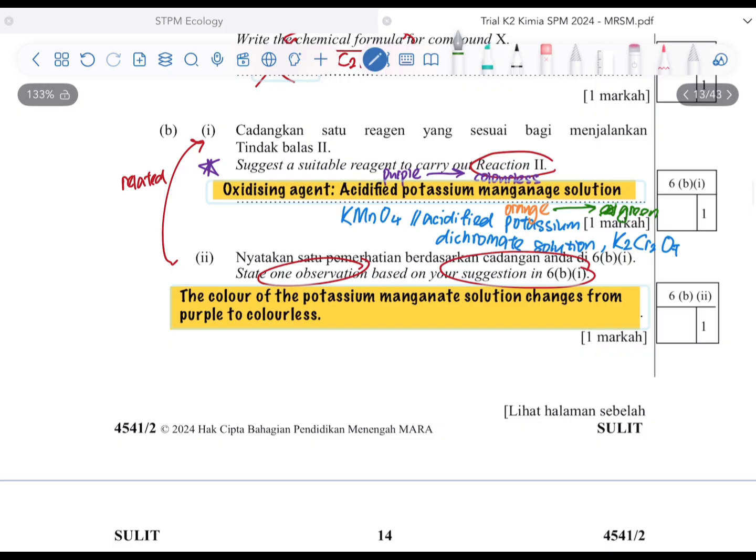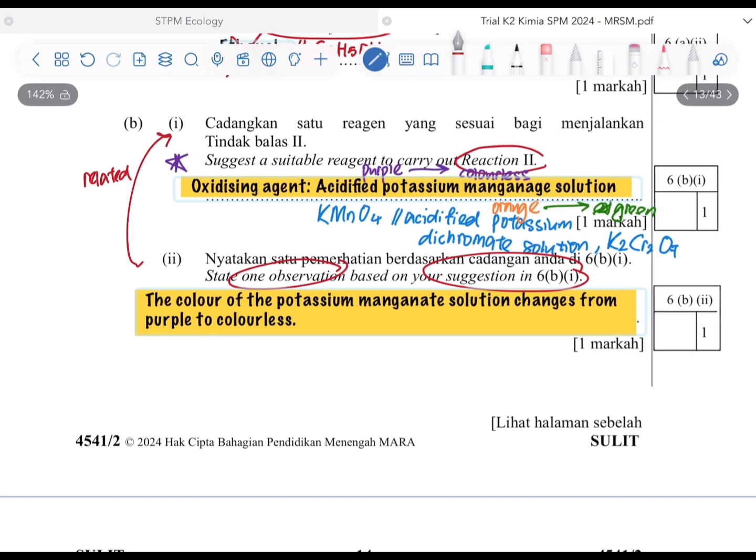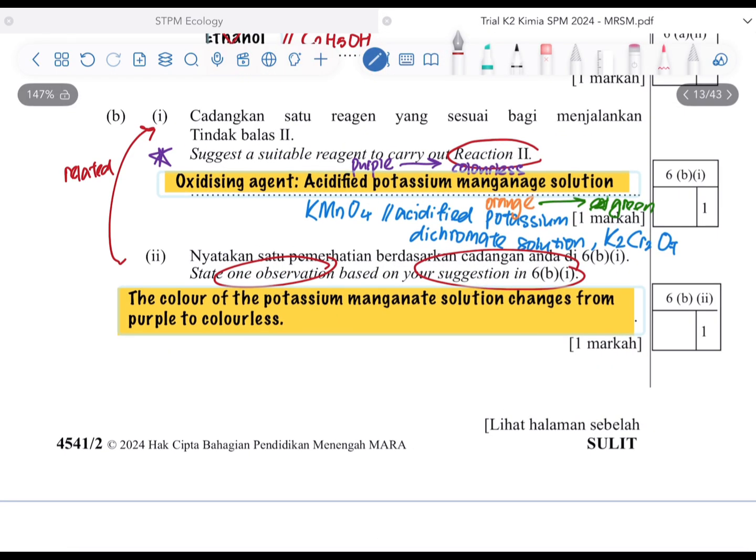So, state the observation. One more thing, students: when you write the observation based on the suggestion in the previous answer, you need to take note that for color changes, you should write change from what color to another color.